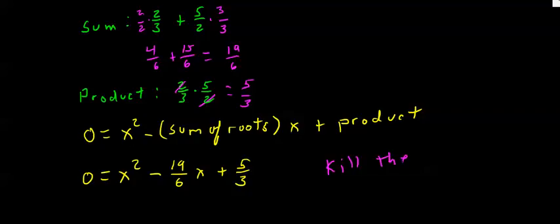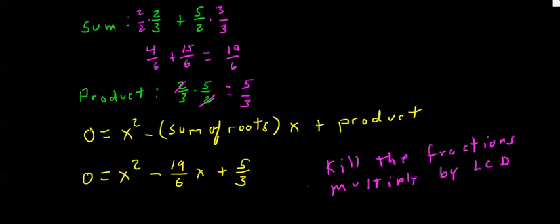We got to get rid of the fractions. We multiply by the least common denominator, which in this case is 6. Multiply both sides by 6.